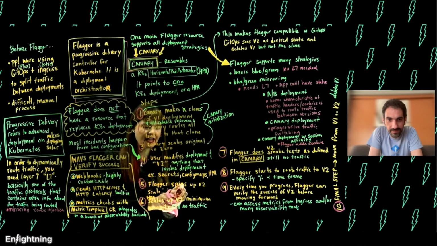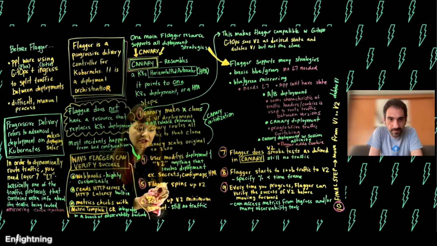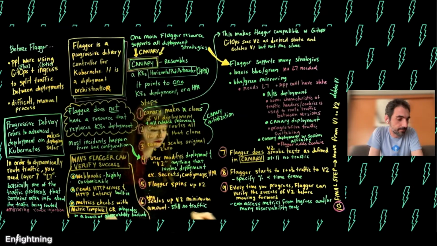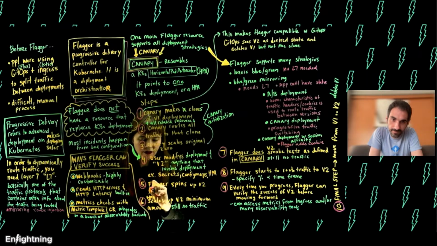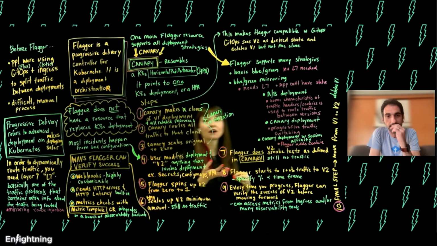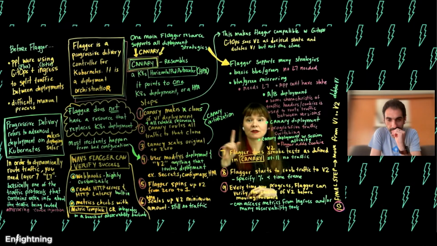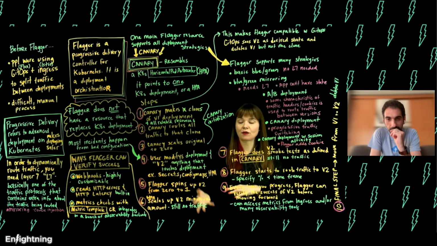And then the HPA gets in and might scale it further. Yes. And then HPA will scale it further, but there's still no traffic going to it. So we're just getting it ready.